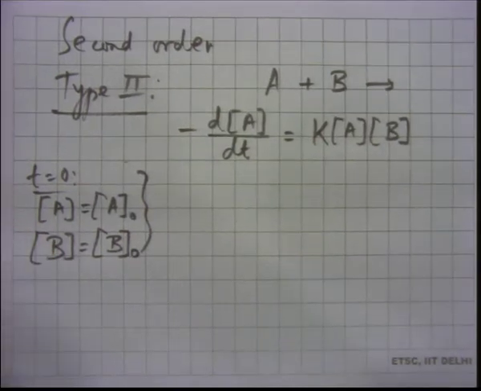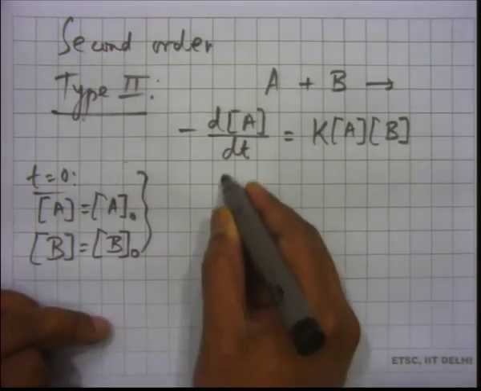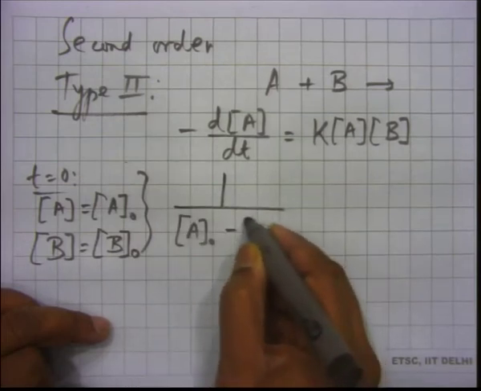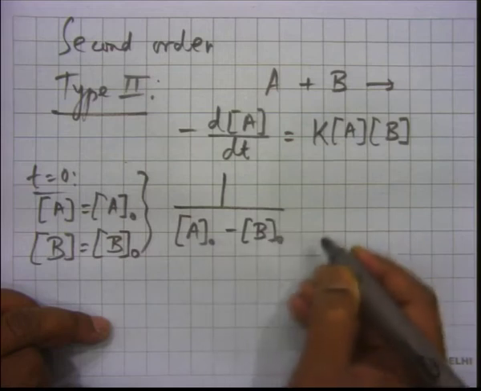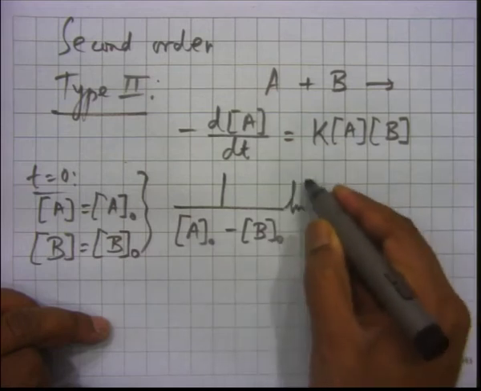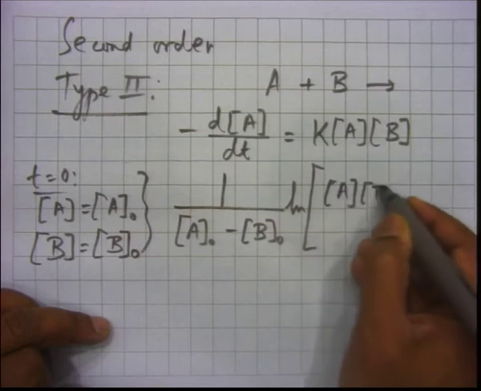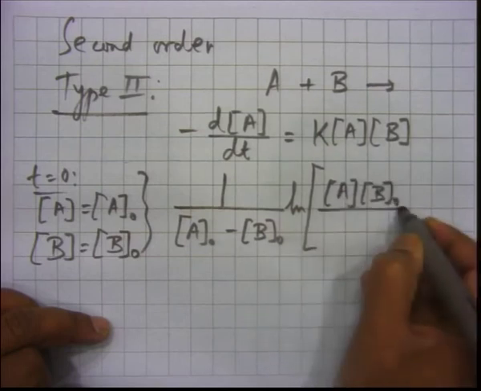We can find out, okay, if this is an A naught and B naught, then how will concentrations of A and B change? So there is a way of integrating this and getting a result, but in the interest of time I am skipping this. So as of now for you it is just enough to know that we can derive this sort of an expression.